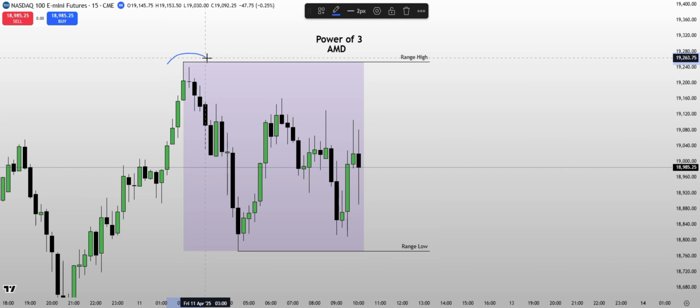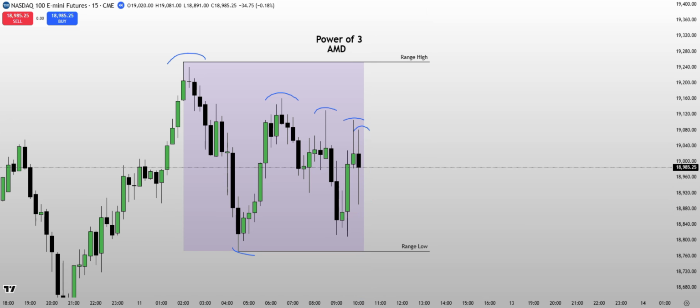We have 1, 2, 3, 4, 5 highs that have not been taken. And we have 1, 2, 3 lows that have not been taken yet. So we have highs and lows right now that are draws for price to take. You want to wait for price to take one end first. And if the other side is still available, if it still hasn't been breached, that's what you want to target.